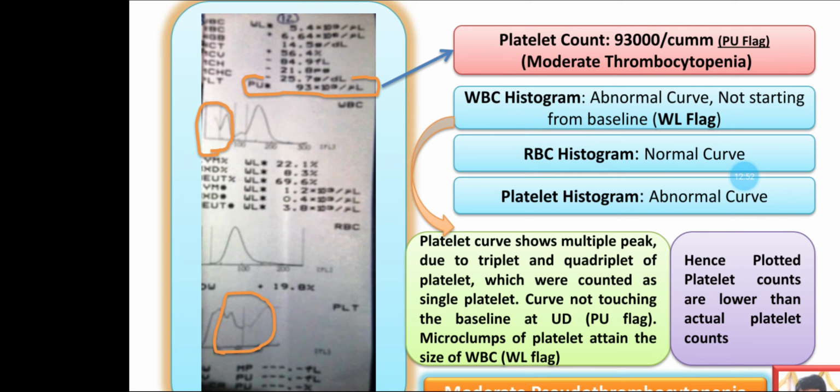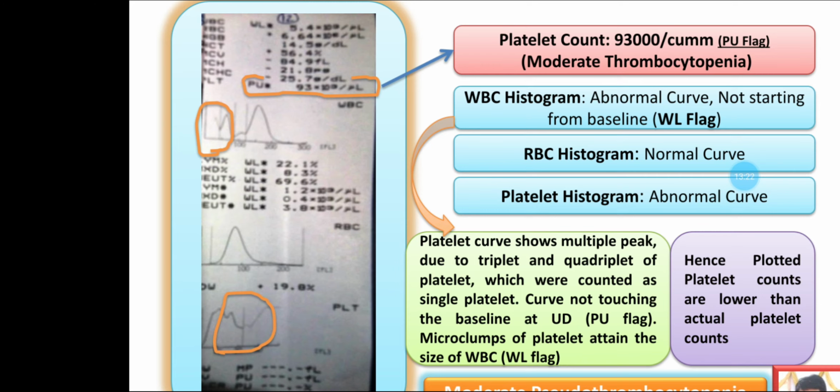So these are the two curves which are abnormal, whereas the RBC curve or histogram is normal. The platelet curve shows multiple peaks, and these peaks could be due to triplets or quadruplets of platelets, which are counted as single platelets, or the curve not touching the baseline. Simultaneously, there are micro clumps of platelets which attain the size of the WBC.